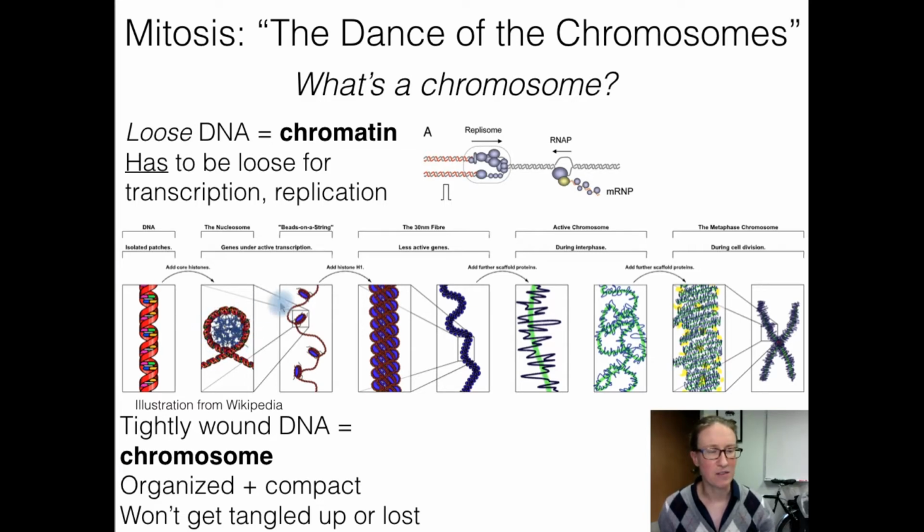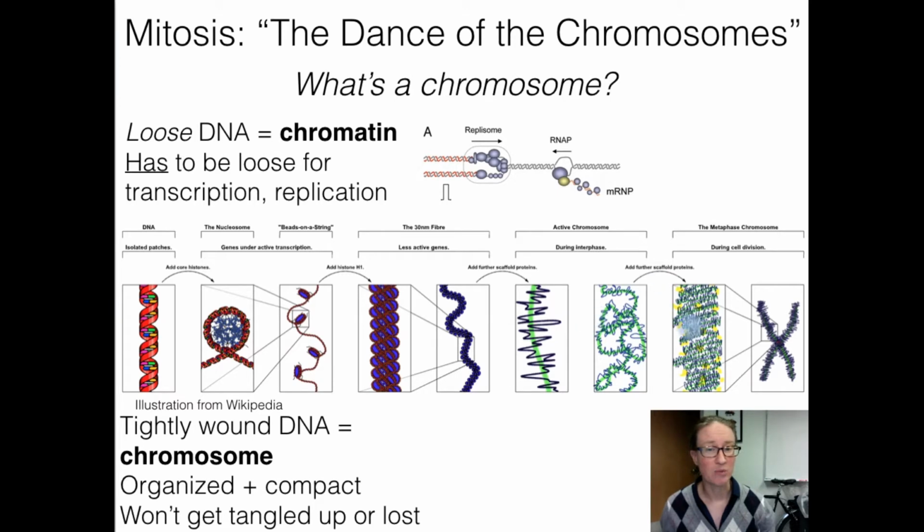And then along a stretch of DNA, there will be a series of histone proteins that the DNA is wound around. And then those interact with each other to form a more dense structure. So it looks like a nice knit sweater or something of that sort. There's supercoiling that then happens, and even more proteins added on that form a scaffold or a structure to keep everything organized.